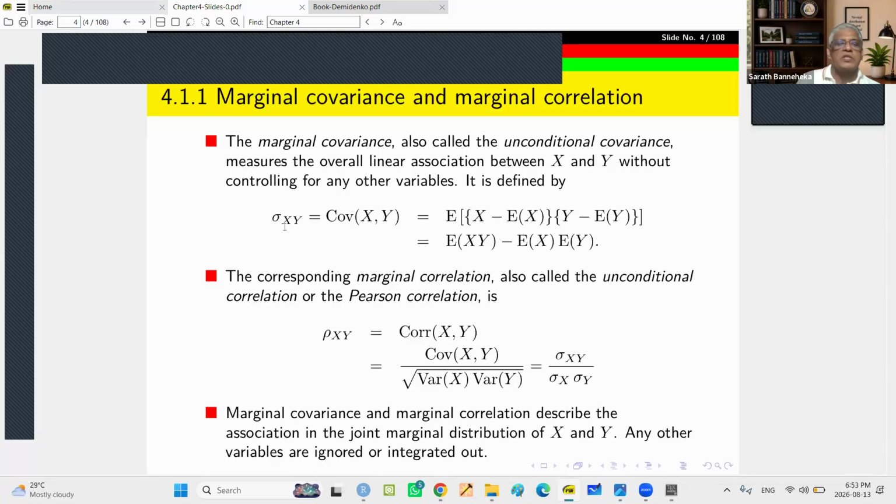The usual notation is sigma xy to denote the covariance between x and y. So it's equal to the expected value of (x minus expected value of x) times (y minus expected value of y). And we can show that this is also equal to the expected value of x times y minus the expected value of x times the expected value of y.